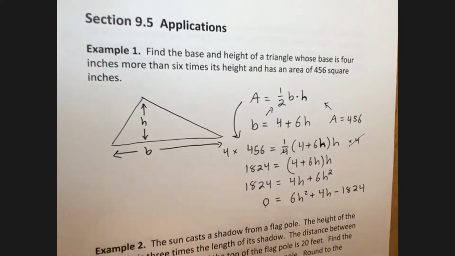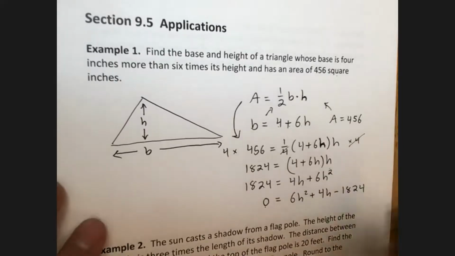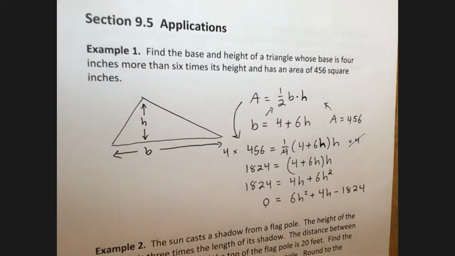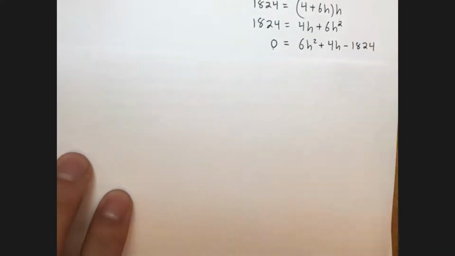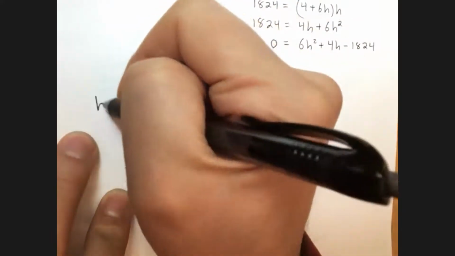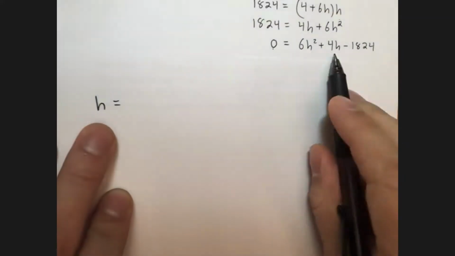So I can use the quadratic formula here. So let's use the quadratic formula. So let me get another sheet here. I'm running out of space on this problem. So what happens here? Well, we know that h is equal to, well, let's see.